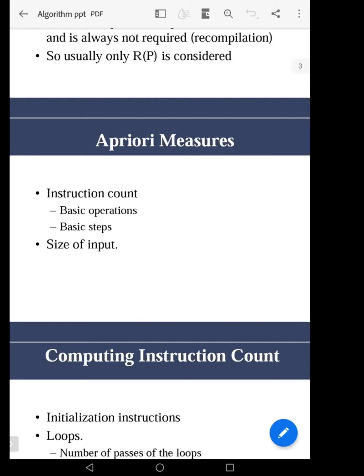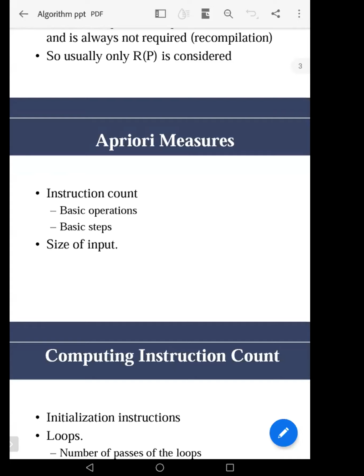For example, any arithmetic operations like addition, multiplication, subtraction are basic operations. Even comparison is a basic operation, where we can compare two values, any relational or logical operator.